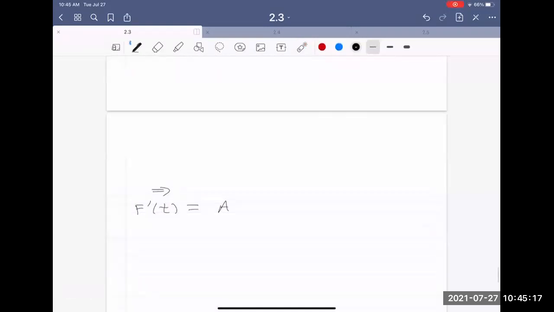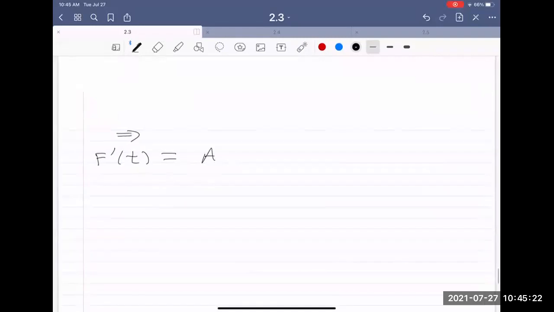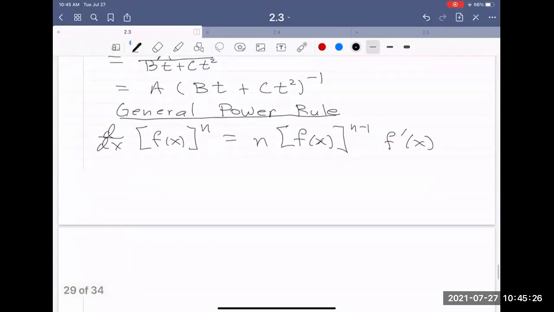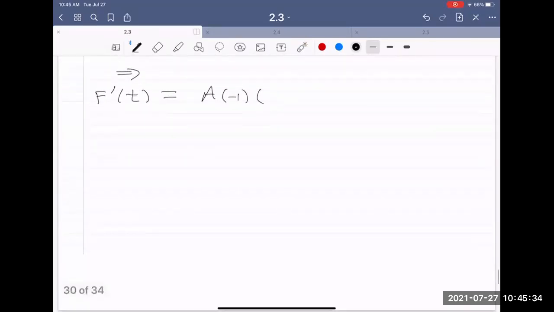So let's bring the negative 1 out in front. Rewrite what's in the parentheses, BT plus CT squared, all to the power of 1 less. -1 minus 1 is -2.